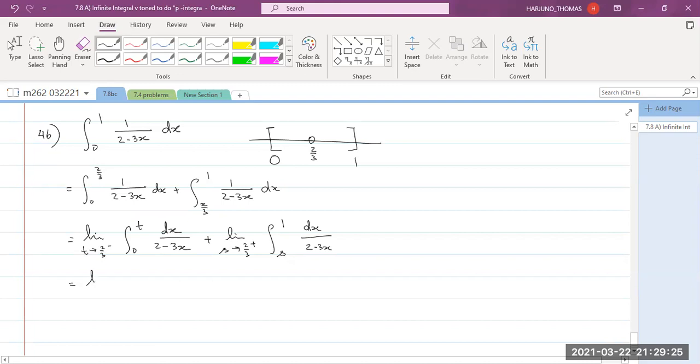Okay, so this is the limit t goes to 2/3 approaching from the left-hand side, and the integral of that will be -1/3 natural log of 2 minus 3x from 0 to t, plus the limit s going to 2/3 from the right-hand side of -1/3 natural log of 2 minus 3x from s to 1. I believe I taught you this before.